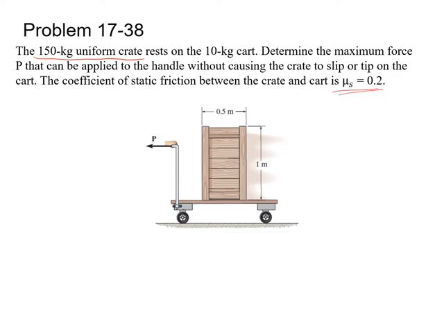In this case, the given is m equal to 150 kg, the mass of the crate, and the mass of the cart is 10 kg. The coefficient of static friction is 0.2. You have to find the maximum force P. This is the unknown. After that, we can draw the free body diagram for the crate.